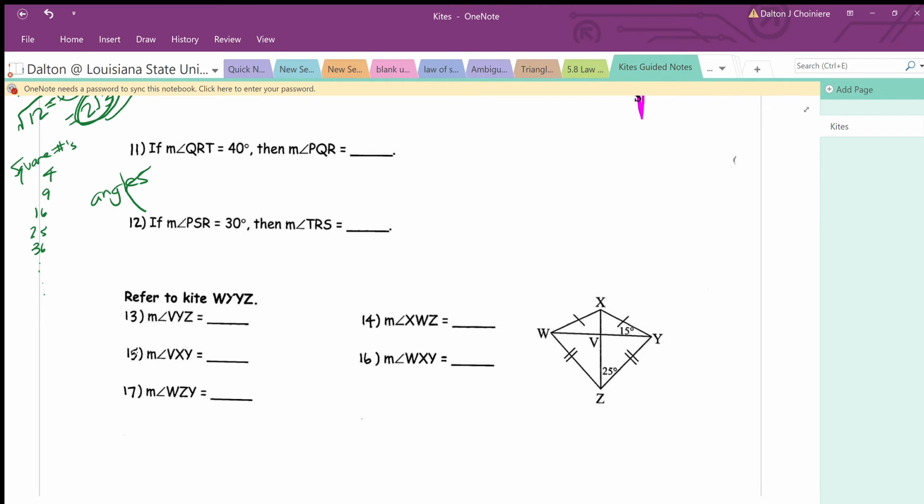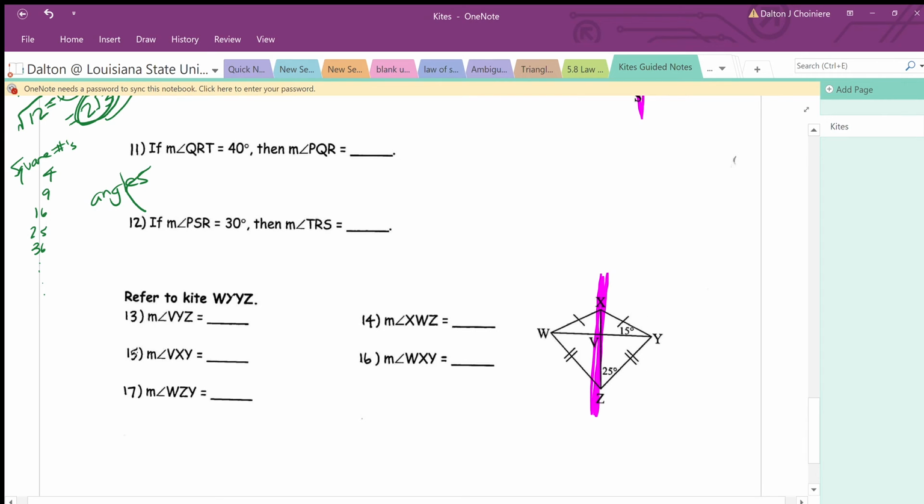If you have a hard time seeing that, look at what's already marked on the picture. Do you see how WX has one tick mark and it's the same as XY? And WZ has two tick marks and it's the same as ZY? That's telling us that this kite can be folded over XZ and everything would be the same. So that one's going to be your long diagonal there.